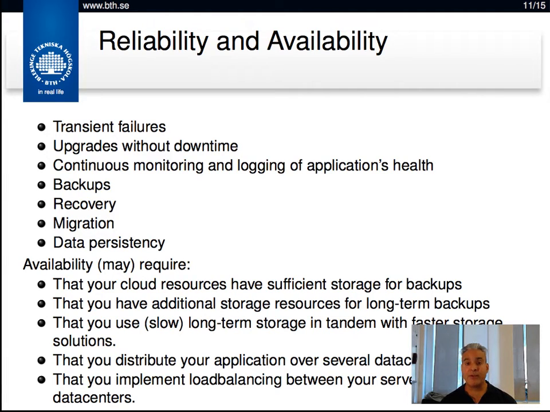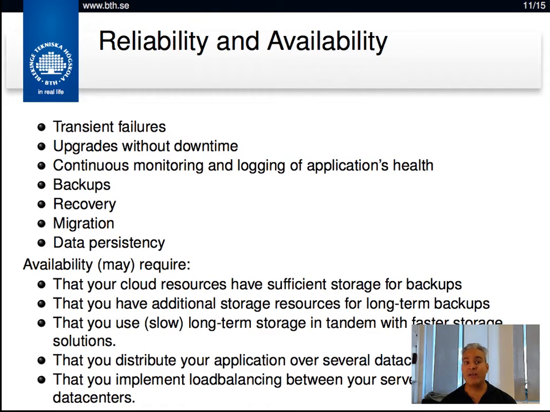Backups in particular, you need to allocate storage space for that. If you take the standard setups that you get from some cloud providers, they may be suitable for your day-to-day operations, but if you want to keep daily backups, for example, then that puts higher requirements on how much storage space should be available.